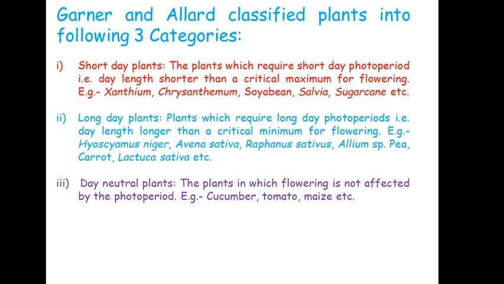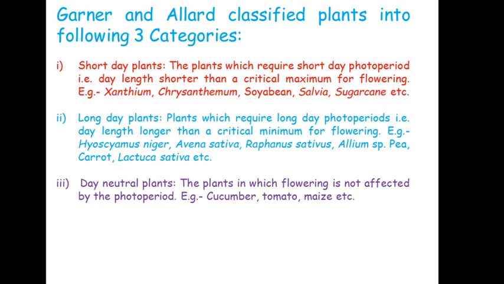So let me give you an example. Suppose I say that this is a short day plant, and here critical day length, or the critical value is say 15 hours, which means this plant will produce flowers when they are exposed to a photoperiod which is less than 15 hours.